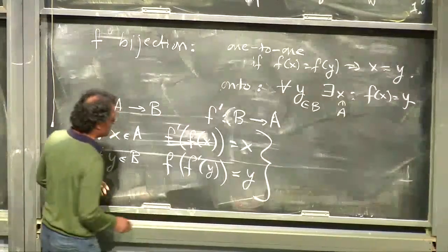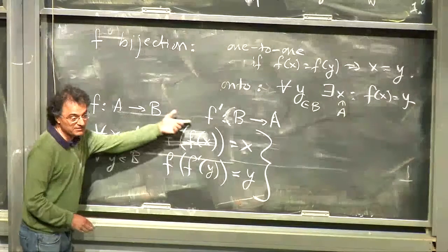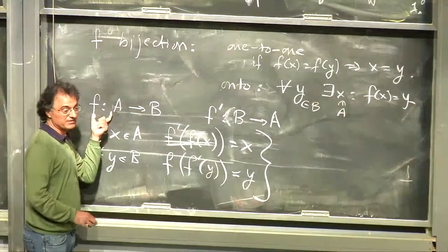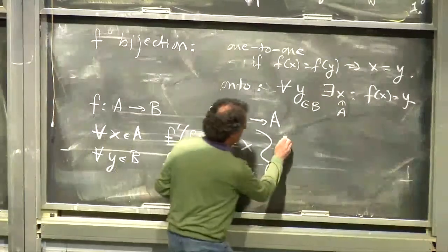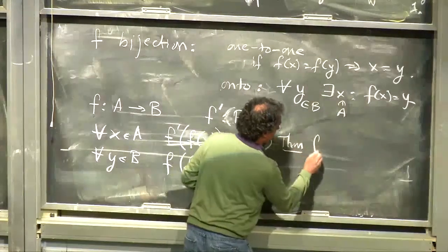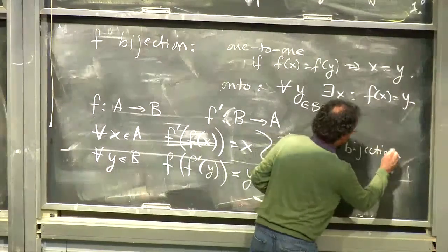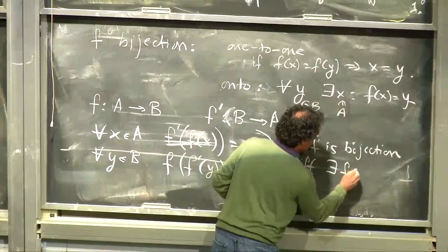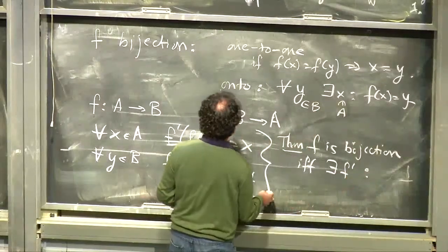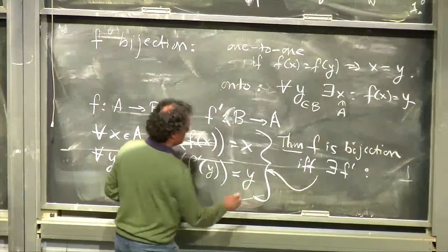these two conditions, the fact that f prime exists, which undoes what f does, this is equivalent to saying that f is a bijection. So theorem, f is a bijection if and only if there exists f prime such that these conditions hold.